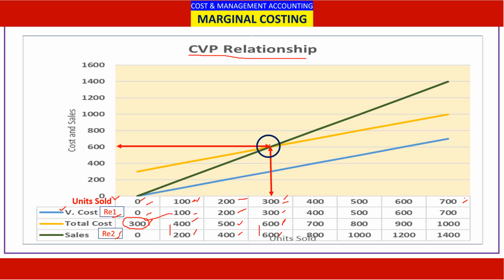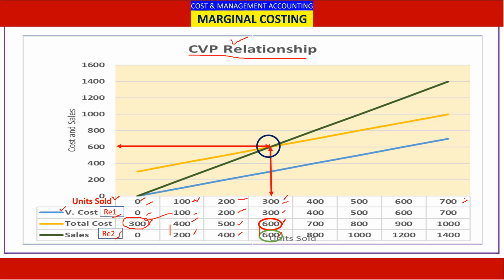It is a position of no profit, no loss, and we have to remember it recovers entire fixed costs and entire variable costs. This is the position from where the relationship becomes very, very strong and yielding better results to us. What is this? This is where the cost is equal to sales.